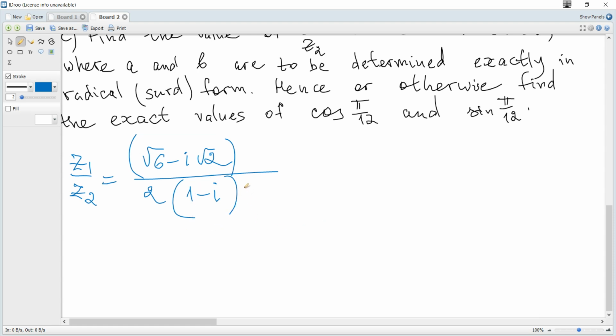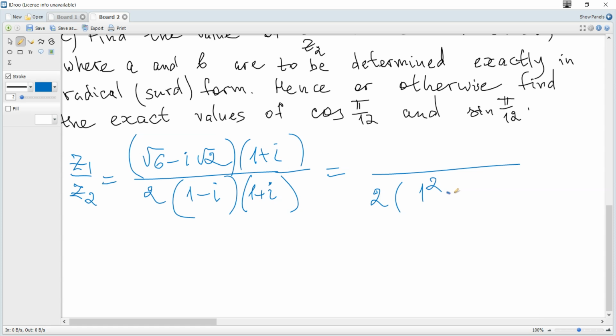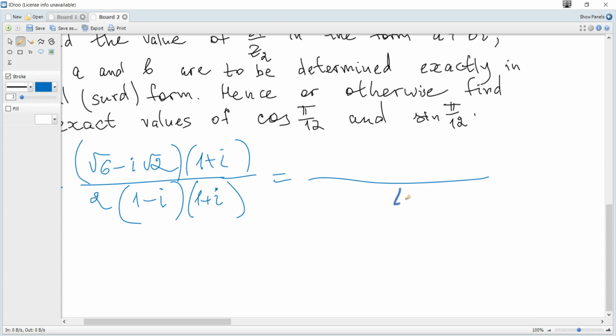How to do that? We multiply by the same but with the opposite sign to get the formula a minus b, a plus b, and it just becomes a squared minus b squared, and I squared is negative 1, so minus negative 1, it's plus 1, so it's 2. 2 times 2 is 4, so the denominator is 4.